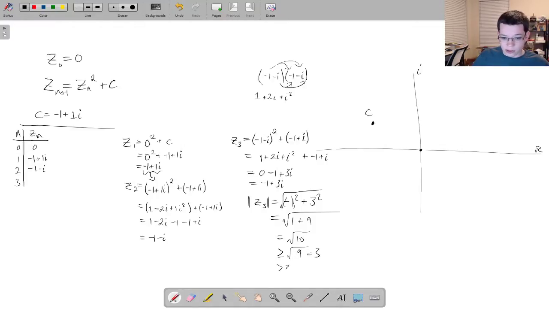So it's greater than 3, which is greater than 2. So c equal negative 1 plus I is not an element of the Mandelbrot. And I'm just using the scripty M for that. So negative 1 plus 3i. So that point's not in there.